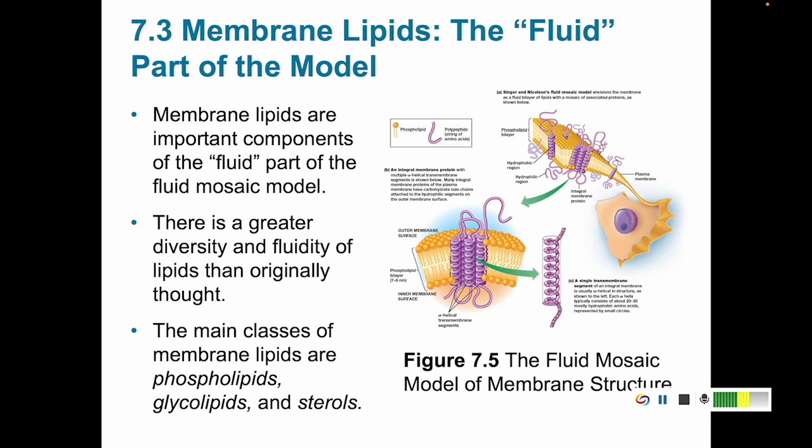So even though they are phospholipids, there is still a lot of diversity and a lot of fluidity in how the lipids are going to be in the cell. The main types of lipids we're going to see are going to be phospholipids, glycolipids, and sterols.